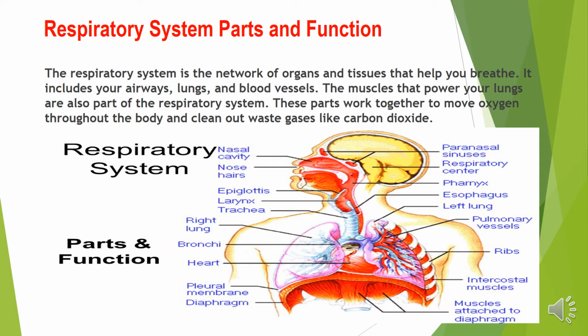First, we have the nasal cavity, nose hairs, epiglottis, larynx, trachea, right lung, bronchi, heart, pleural membrane, diaphragm, paranasal sinuses, respiratory center, pharynx, esophagus, left lung, pulmonary vessels, ribs, intercostal muscles, and muscles attached to the diaphragm.